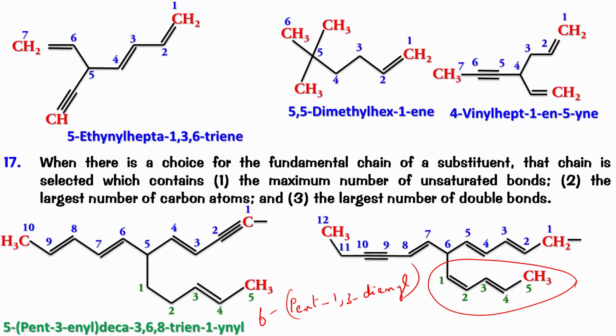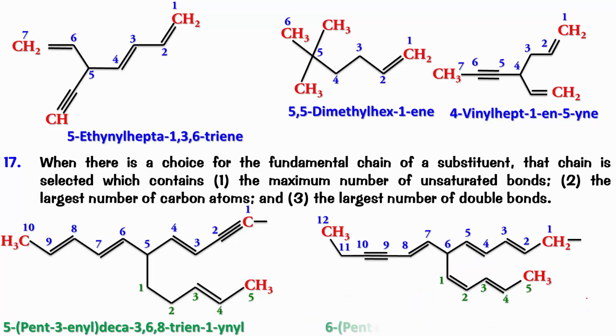And it's 12 carbon atoms, so it is dodeca, because you have 3 double bonds, 2, 4, 7, trien, 9, ynyl. That is how the naming should happen.